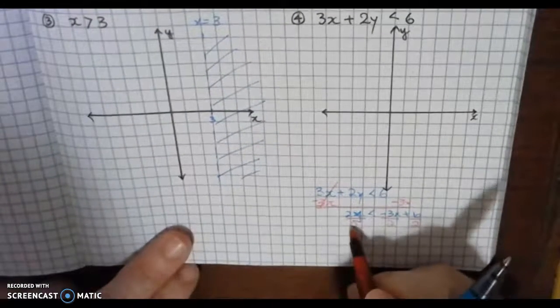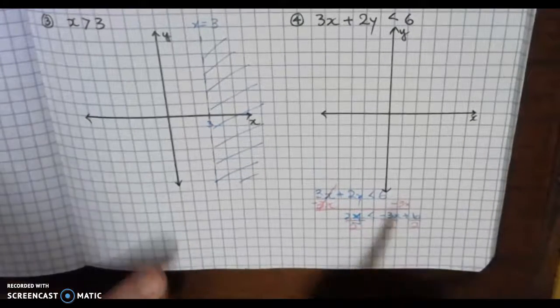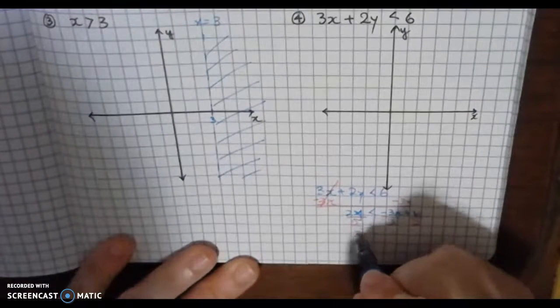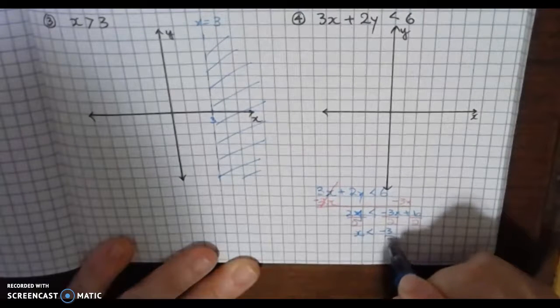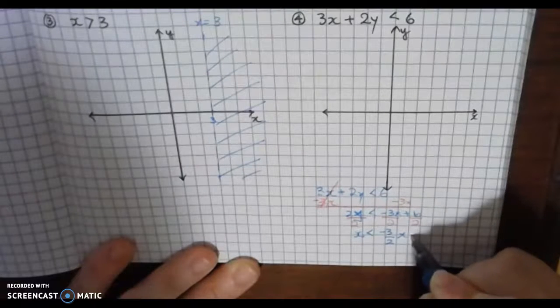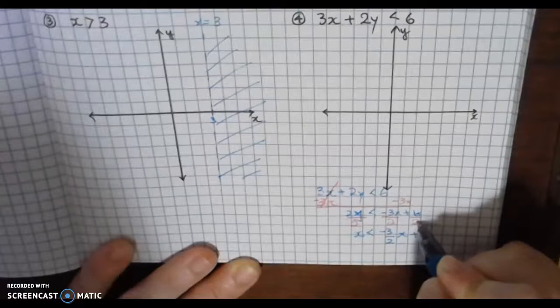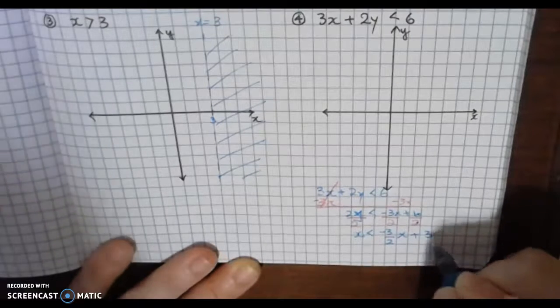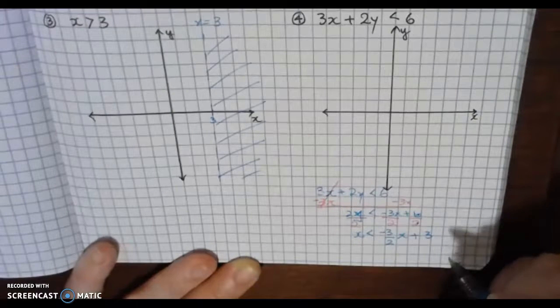And because I am dividing by a positive number, the inequality sign remains the same. So then you're left with y is less than negative 3 over 2x plus what's 6 over 2? 6 divided by 2 is 3. Whenever you can simplify the fraction, you need to do that.